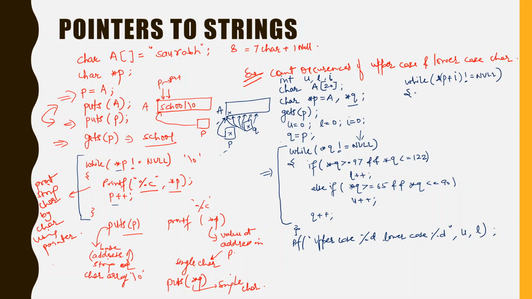So while pointer p plus i is not equal to null, it means you are now not incrementing p, but using the value of p plus the index number to use the value directly.